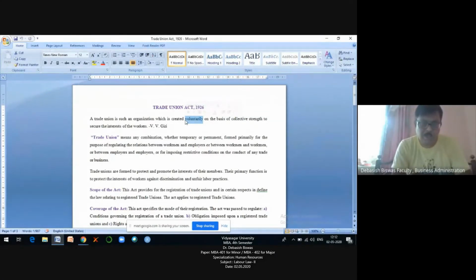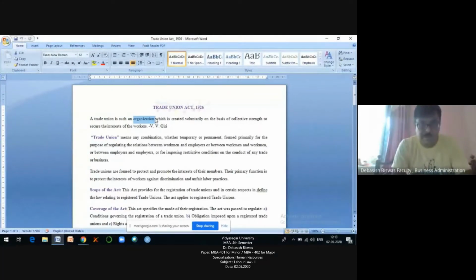That's why in some organizations there is no trade union, in some there is a trade union, and in some there is more than one trade union. So it varies from organization to organization. So trade union is an organization. This is very vital. Why is trade union an organization, right?